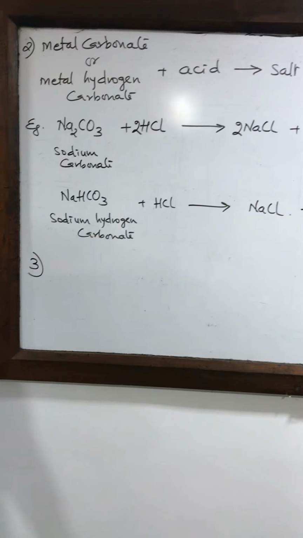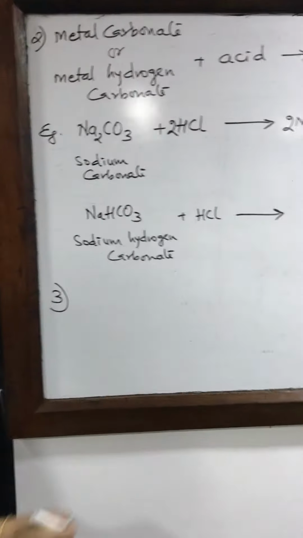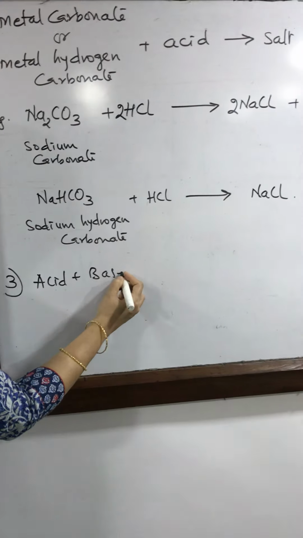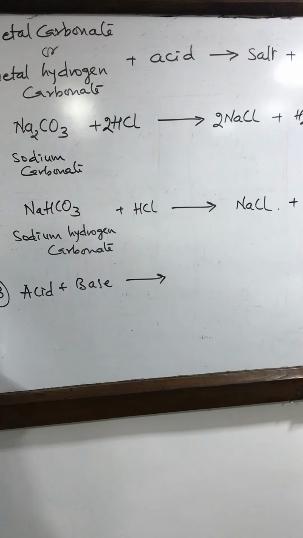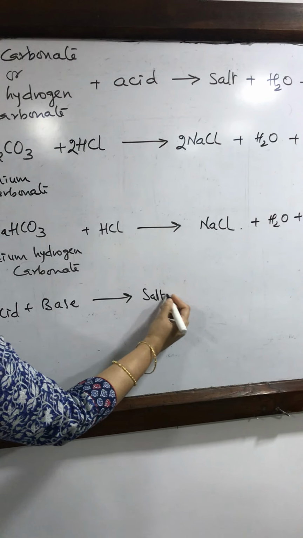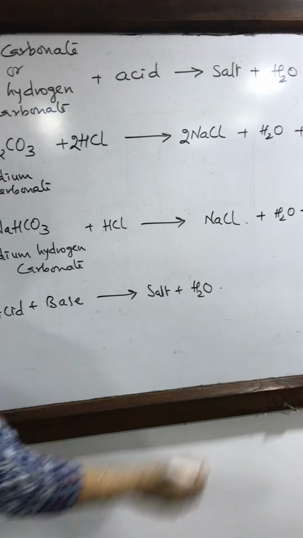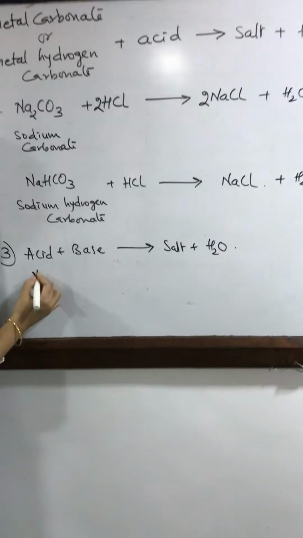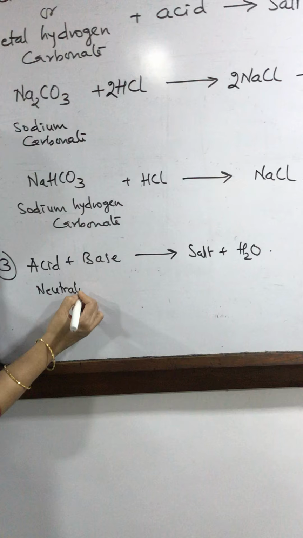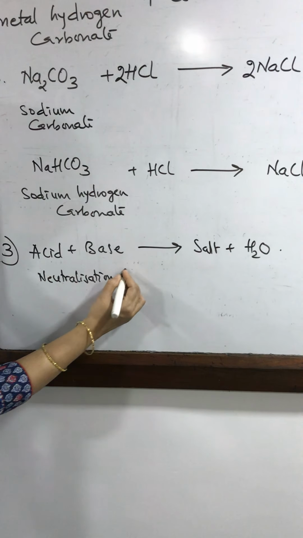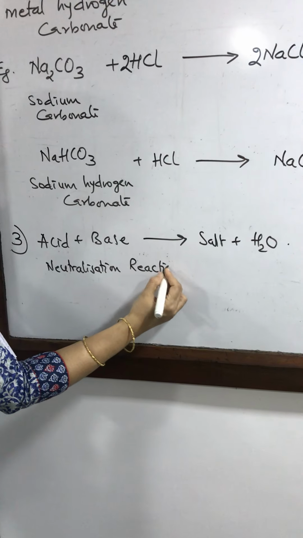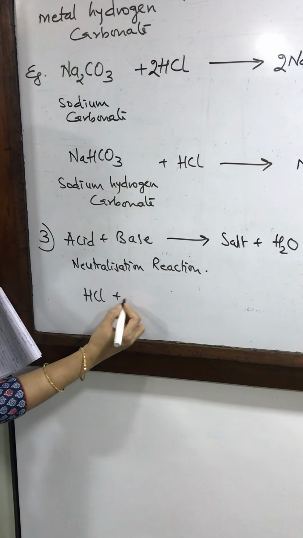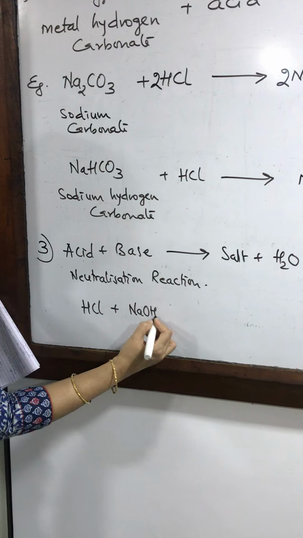The third property of acids that we are studying is acid plus base will always react to form salt and water. Now this reaction is called neutralization reaction. Let us take example acid as HCl, base as NaOH.